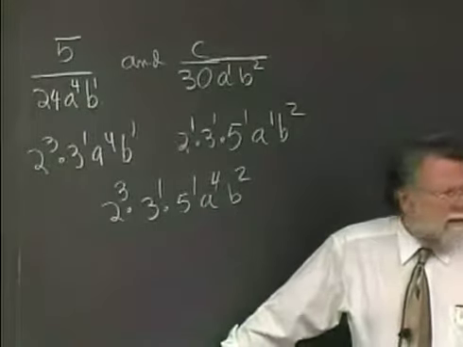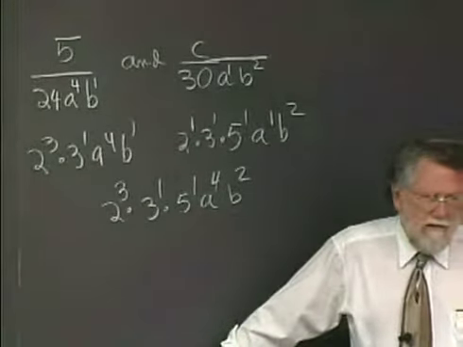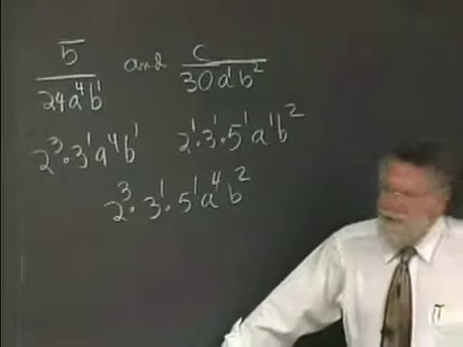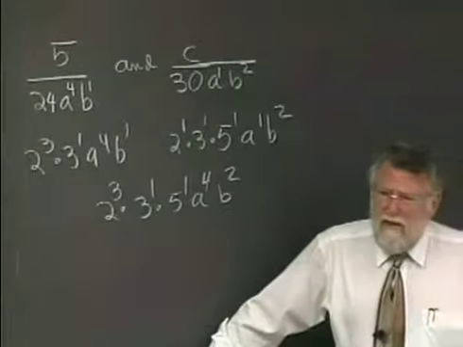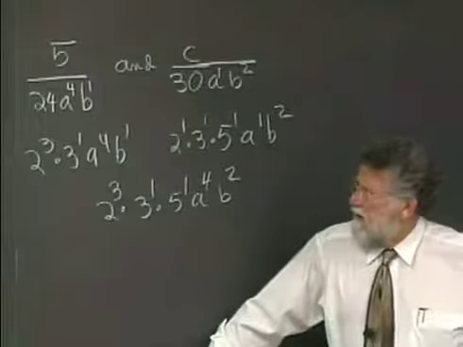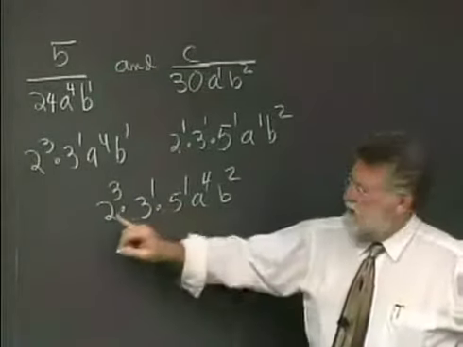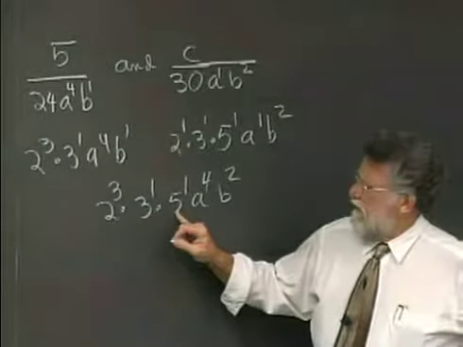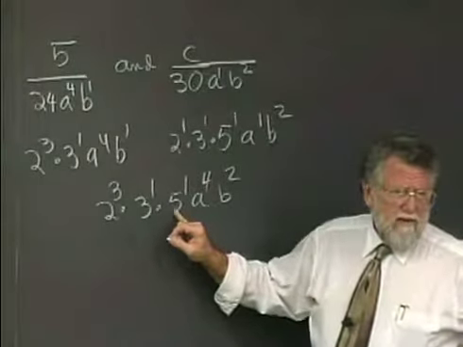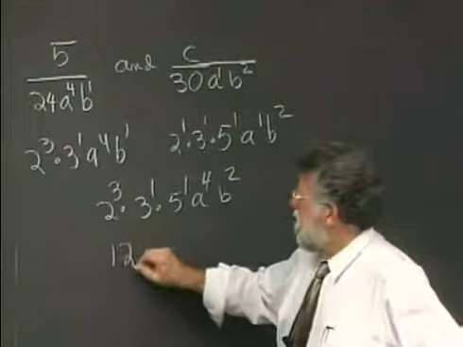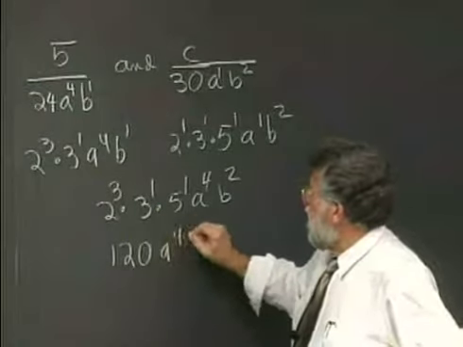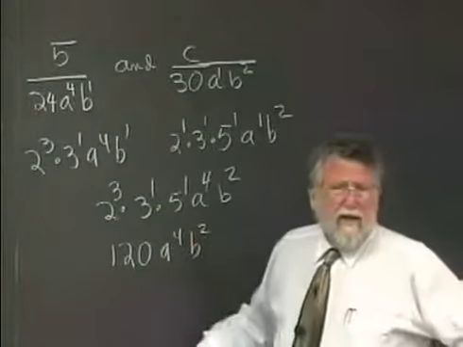Okay. Anybody with a question? Now just to get the LCD, we would expect to see something here where you multiply all this out. So this is an 8, and 8 times 5 is 40, times 3 is 120. A to the fourth, B to the second.